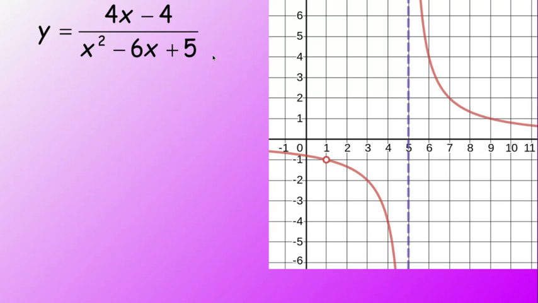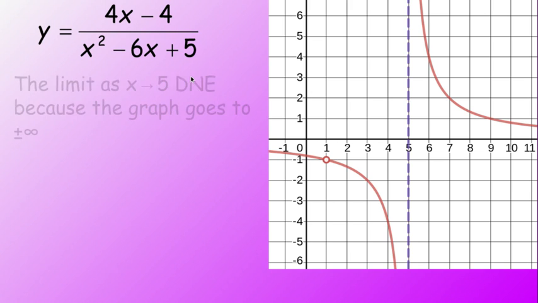So since the bottom equals 0 at x equals 1 and x equals 5, those would be the two discontinuities of the graph, because the domain would be all reals not equal to 1 and 5. But there's a big difference about 1 and 5, because since the factor on the top also has an x minus 1, that ends up canceling out.